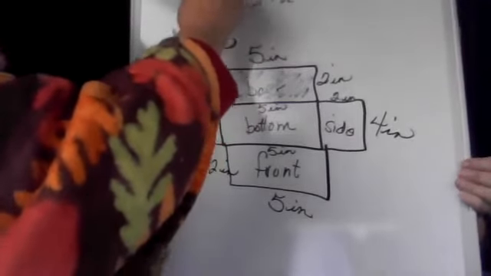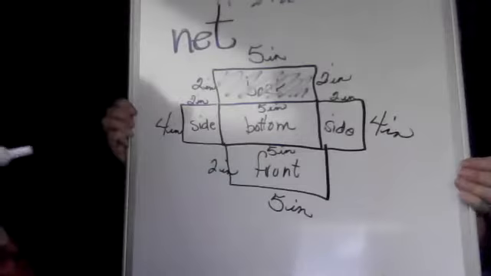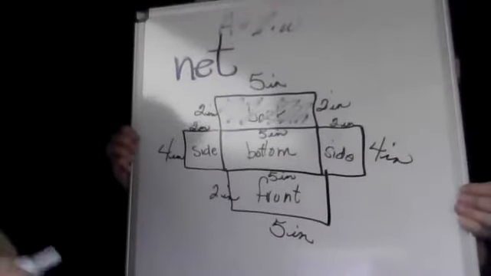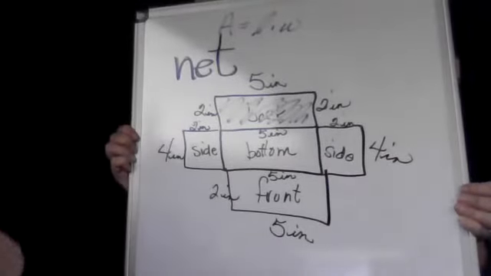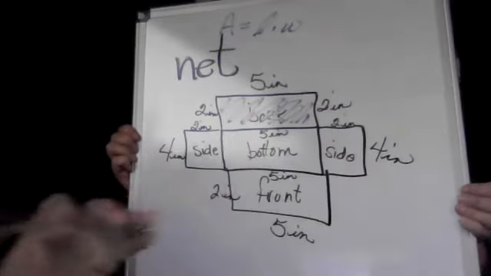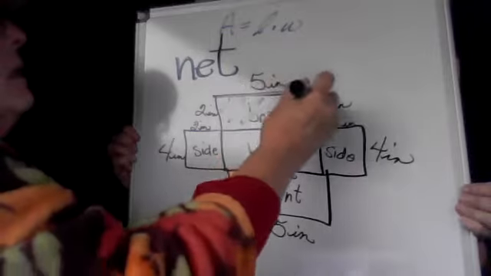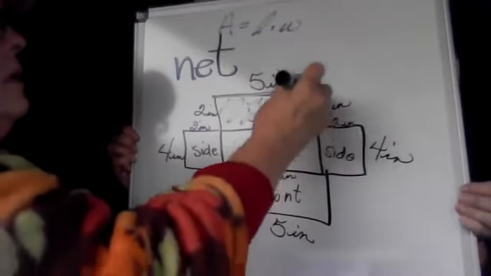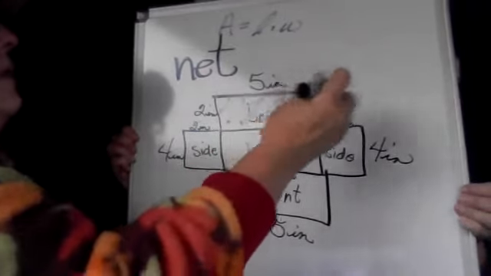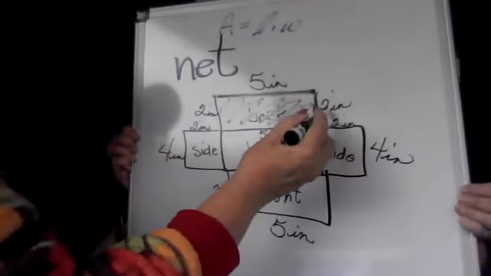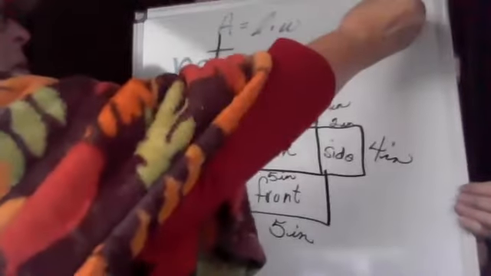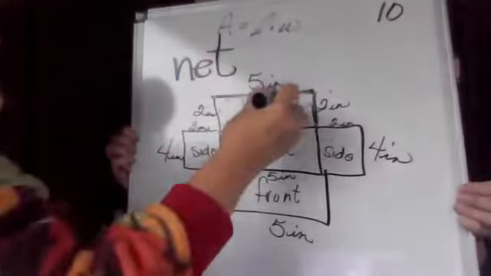Length times width equals the area of a rectangle. And so here's the length, and here's the width of this rectangle. And that's going to be 5 times 2, which is 10. Okay, we found this one.